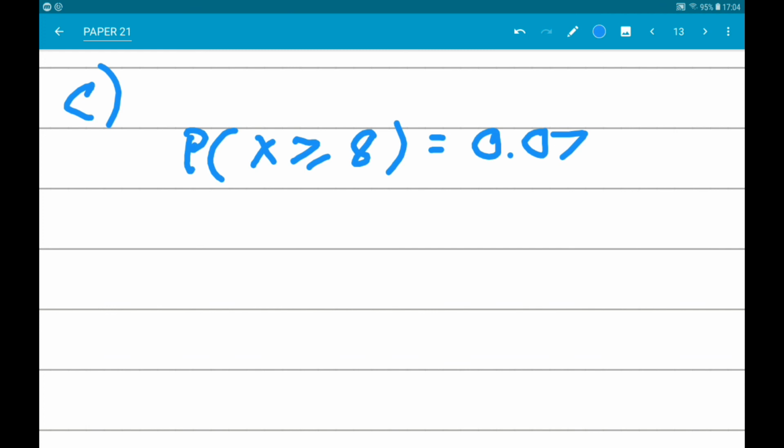So, let's try the probability x is greater than or equal to 9. So, that's 1 minus the probability x is less than or equal to 8.